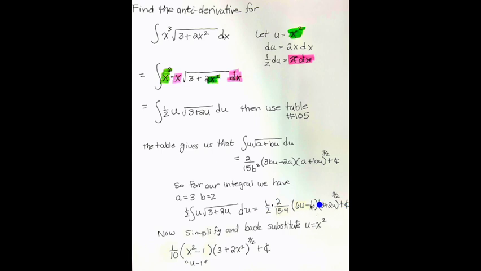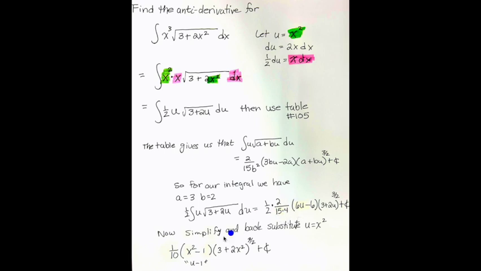Now, when we simplify and clean all this up, we have to go back and substitute, and we want to replace the u so that I have x's instead. So what I did is I got rid of the 2's because I have a 2 over 2. And I factored out a 6 from here so that I'm left with 6 over 60 because the 15 times 4 is 60.